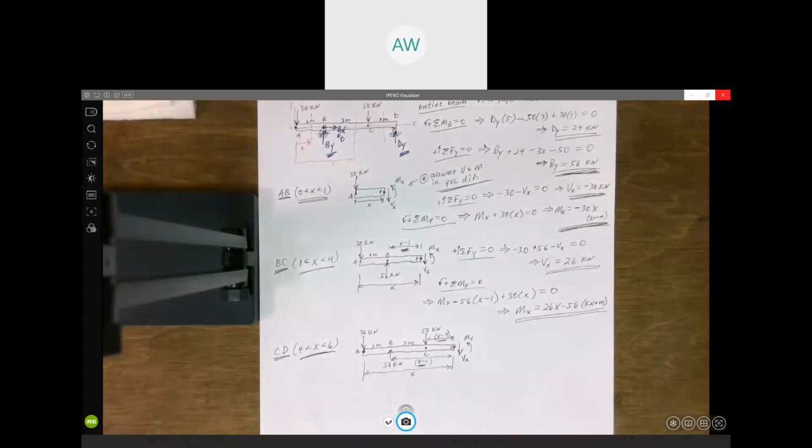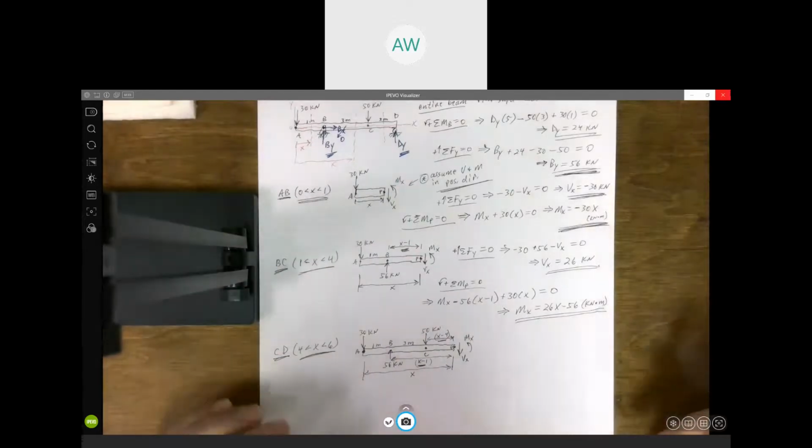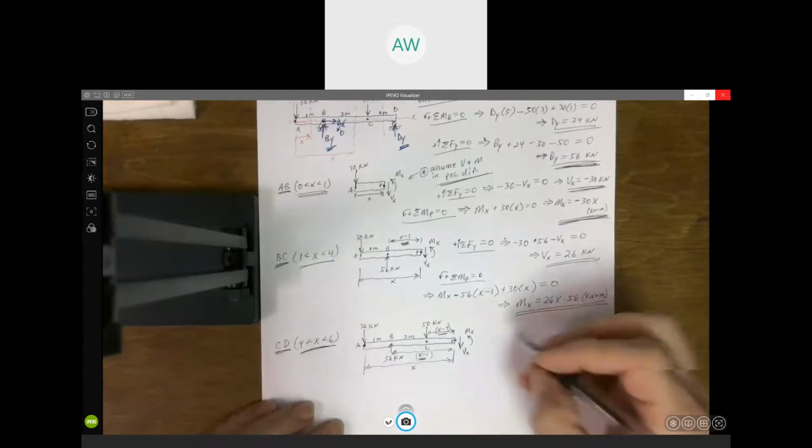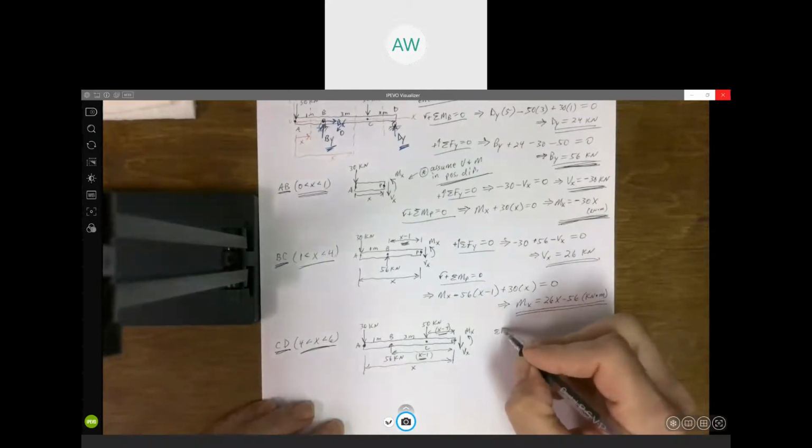All right, any question about the free body diagram? All right, well then let's apply our equilibrium equations. Sum the forces in y.